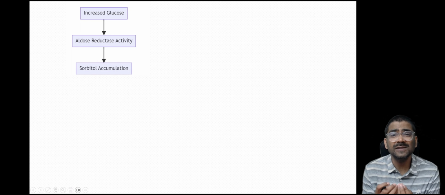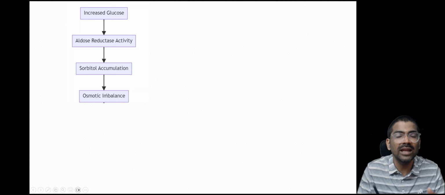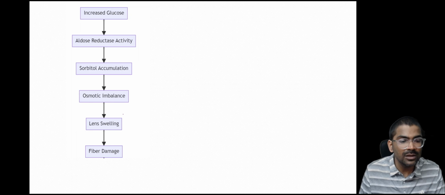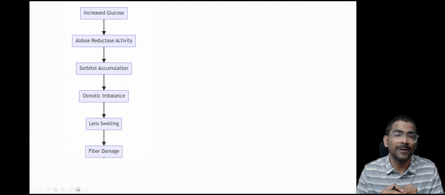Sorbitol, because of its 6 OH groups, is osmotically active. So this creates an osmotic imbalance inside the lens of the eye. Water is attracted, there is swelling of the lens, and it leads to damage of the fibers.